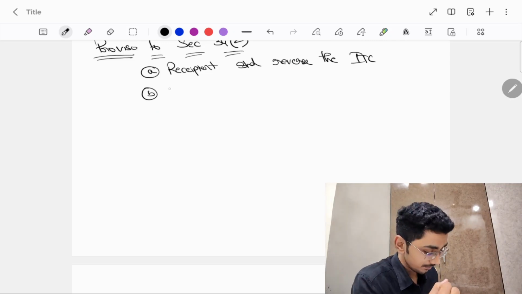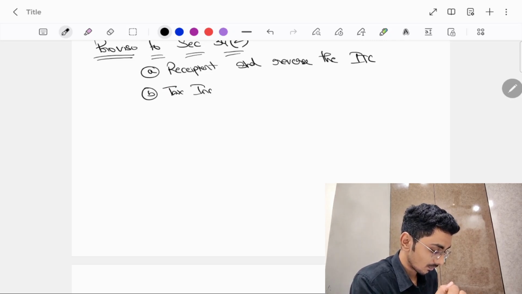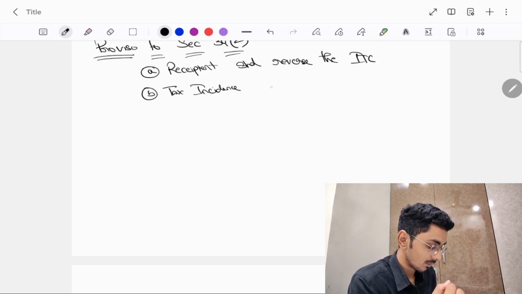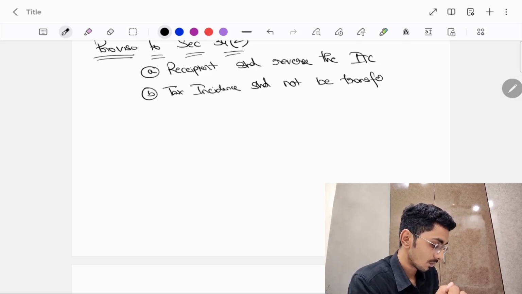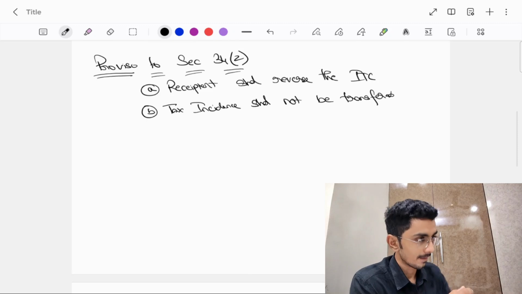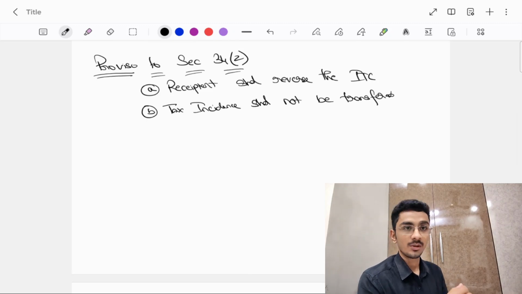And the second condition, moving forward, these two conditions also have to be satisfied.